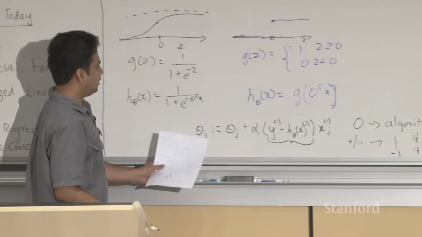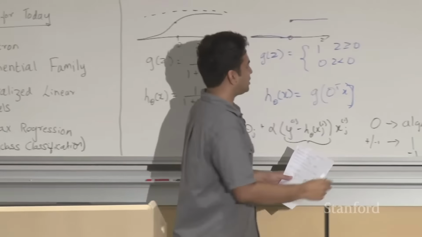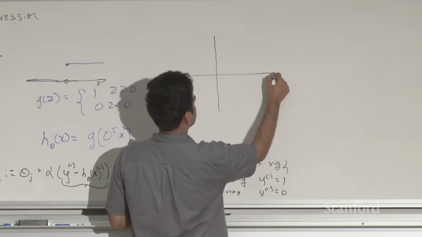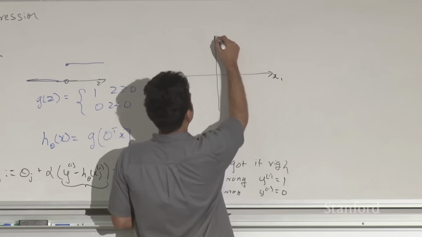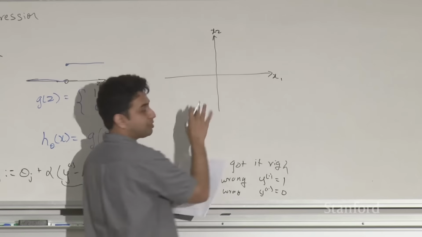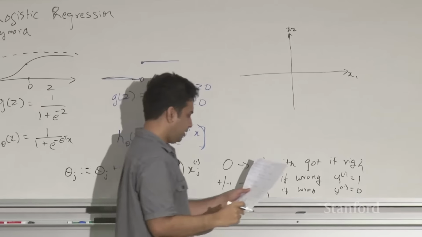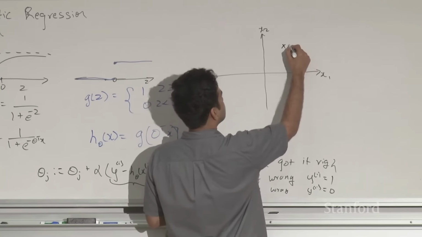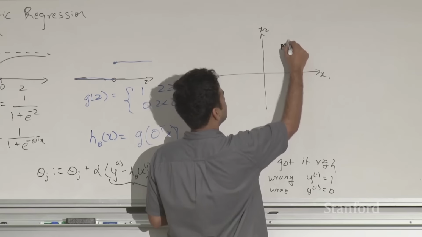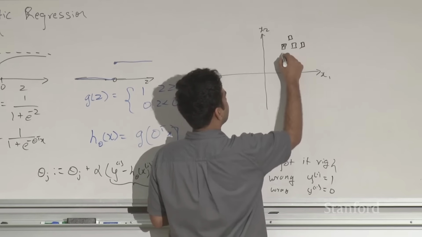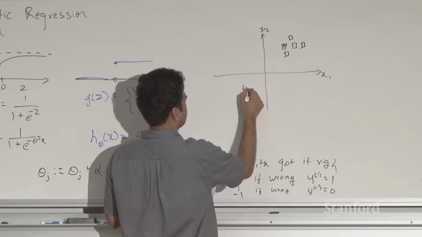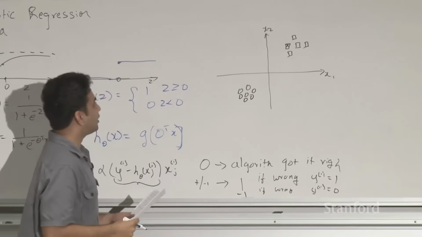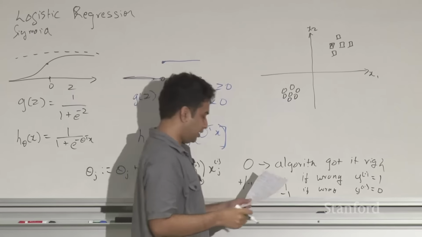To see what's happening, it's useful to see this picture. So this is the input space, and let's imagine there are two classes, boxes and circles, and you want to learn an algorithm that can separate these two classes.